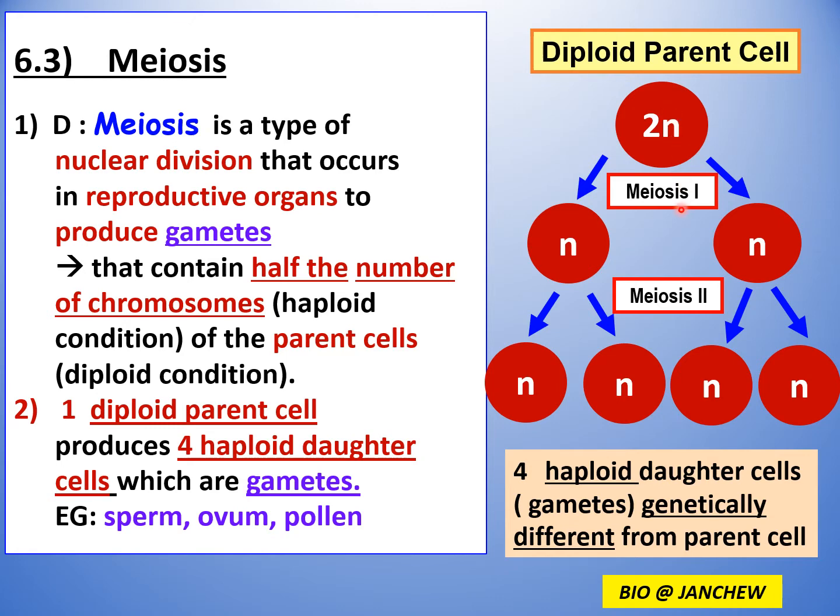Meiosis consists of meiosis 1. The first cell division is called meiosis 1, and the second cell division is meiosis 2. And thus, 4 haploid daughter cells are produced at the end of meiosis, which are genetically different from the parent cell. So how is it genetically different and why? We will discuss in the second video.